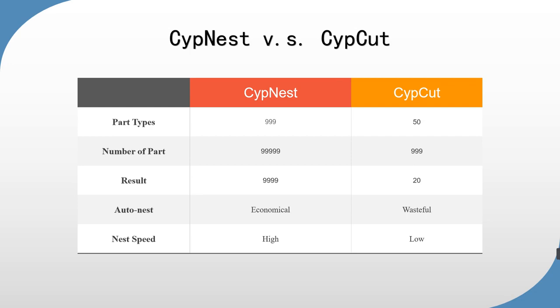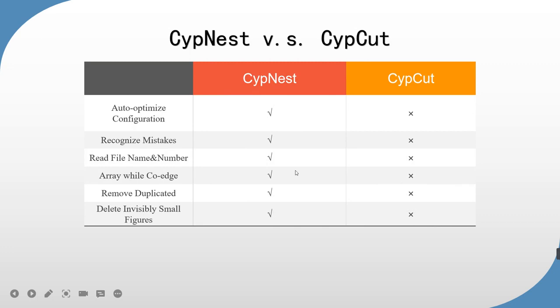Third, CypCut can generate only 20 results at a time, but CYPNEST can do 9,999, which let's say with no limit. In conclusion, CYPNEST perfectly meets your demand of large quantity nesting.